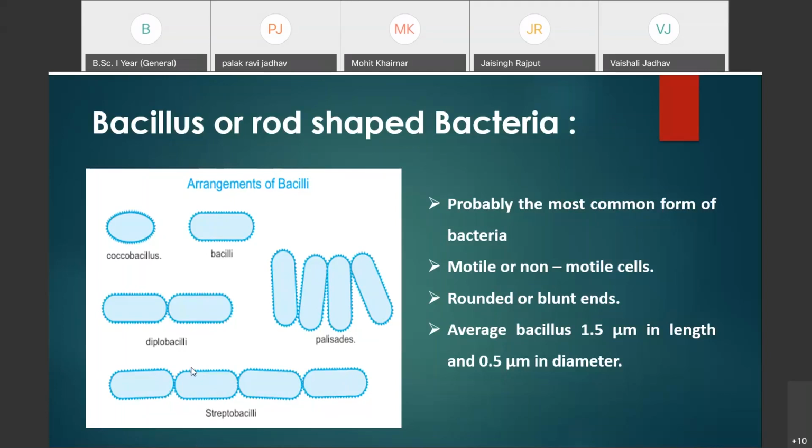These are the different types of the bacillus or rod shaped bacteria.